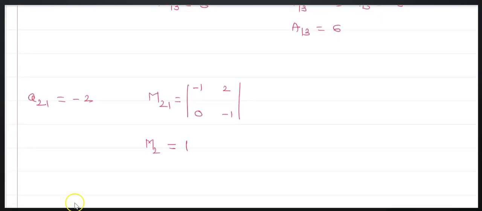Now evaluate it. You will get 1, M21. Again A21 is equal to minus 1 raised to 2 plus 1, M21. That is equal to minus 1.